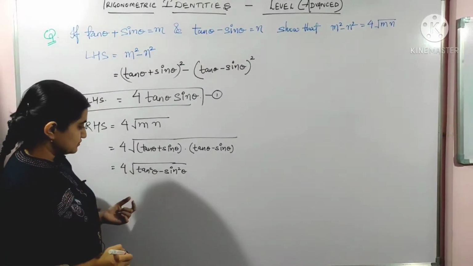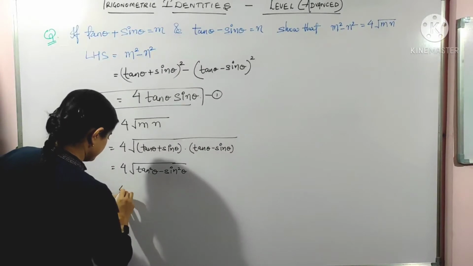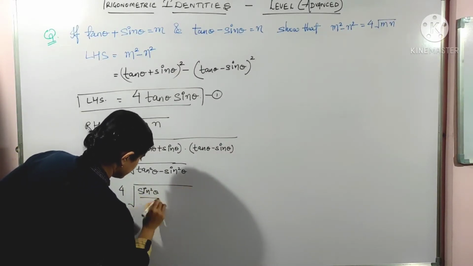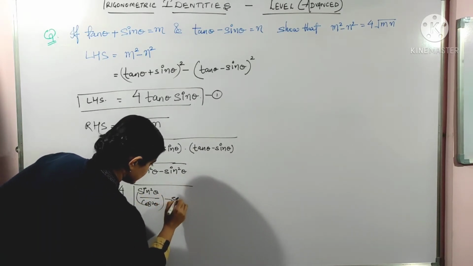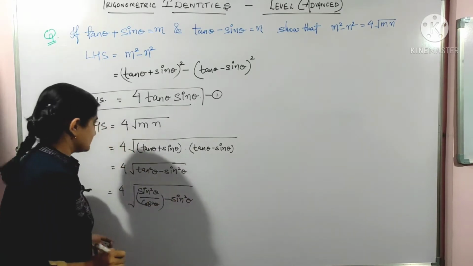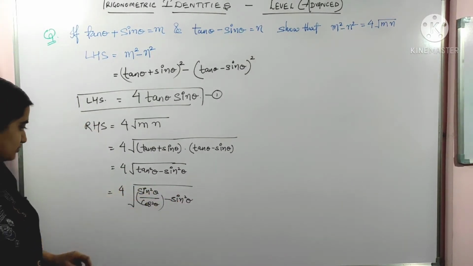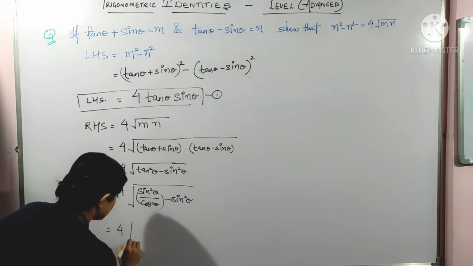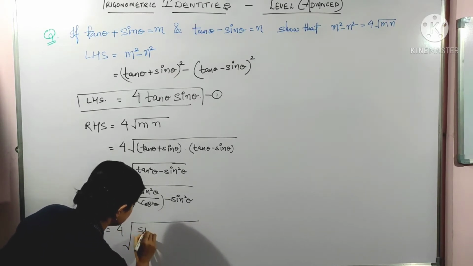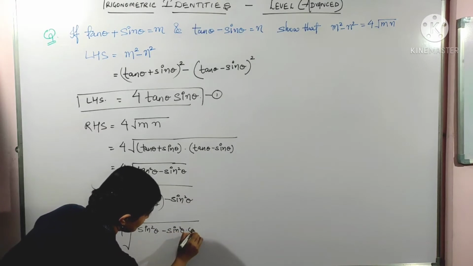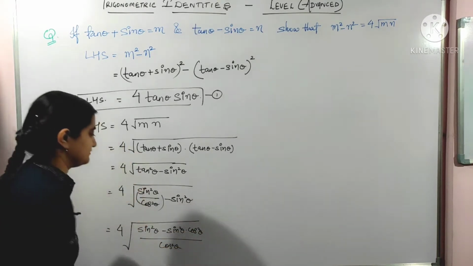Now here we can write sin square theta upon cos square theta, because we are having sin square here, that's why we have done this. Okay, and sin square into cos square. Here we will do sin square theta minus sin square theta into cos square theta upon cos square theta.